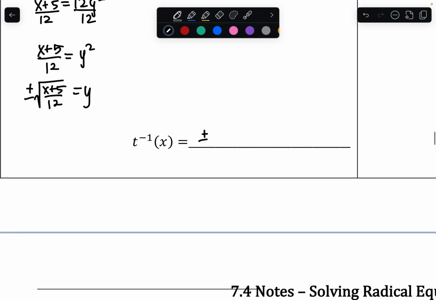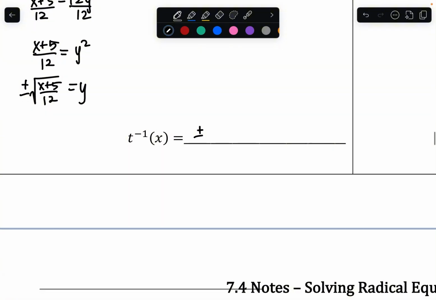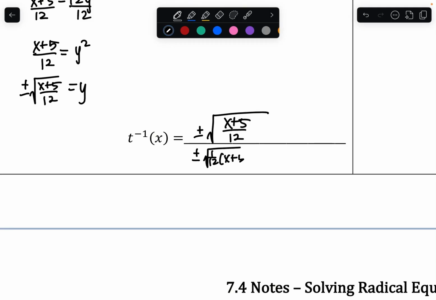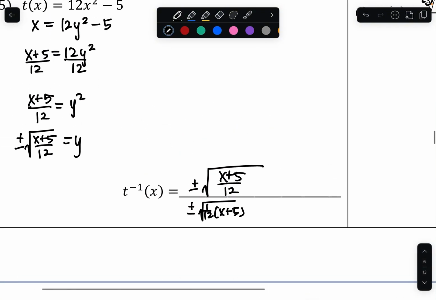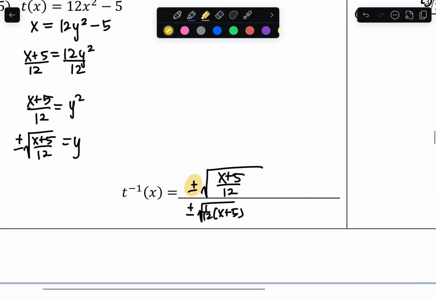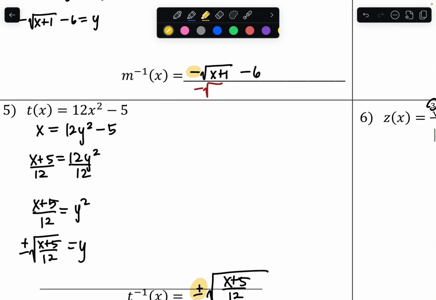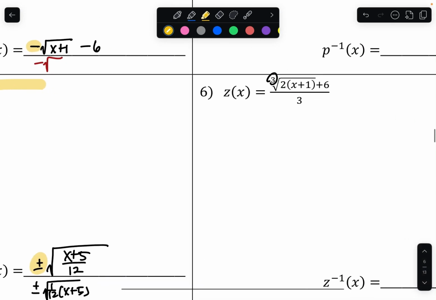Make sure that 12 is under the square root. Or if you wanted to, you could write that as 1/12 parentheses x plus 5 if you wanted it in transformation form. Okay, so don't forget your plus or minus because we did not have a domain restriction.